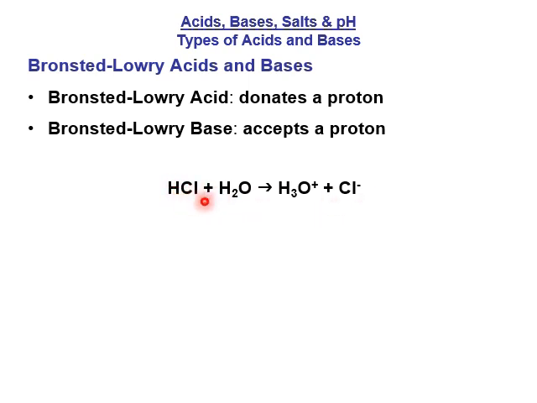The only thing that came off was the hydrogen cation. Okay, so that little proton popped off, came and hooked onto the water. And that's where you get the hydronium from. So the hydrochloric acid donated the proton. The water, in this case, is the base because it accepted the proton.